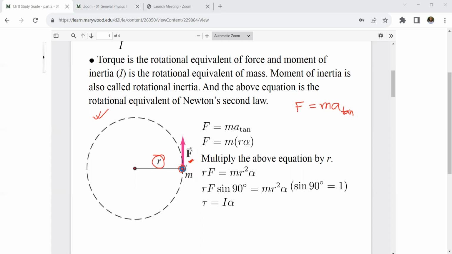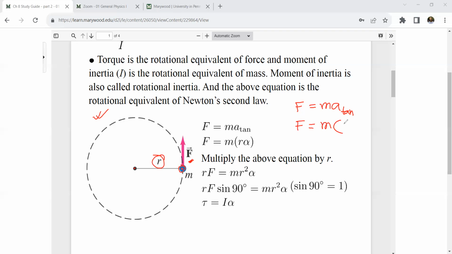So the linear acceleration that we have here will be the tangential acceleration. From this diagram, from Newton's second law of motion, F equal to m a tan.